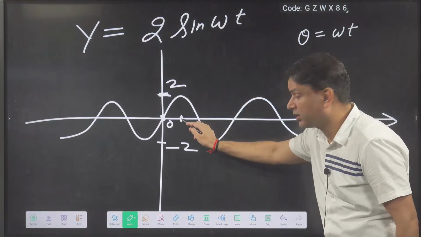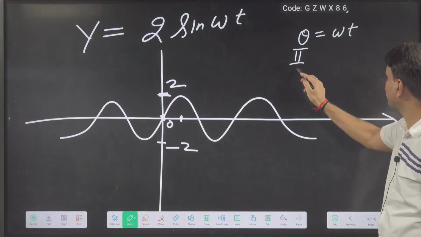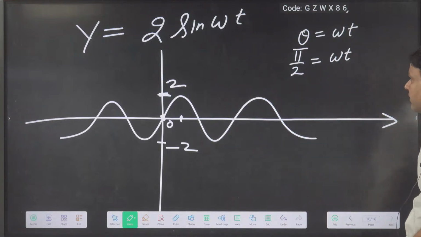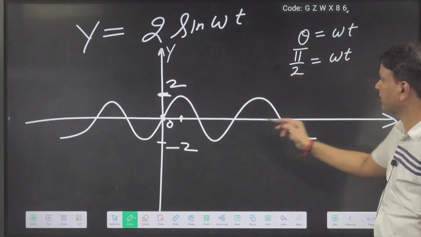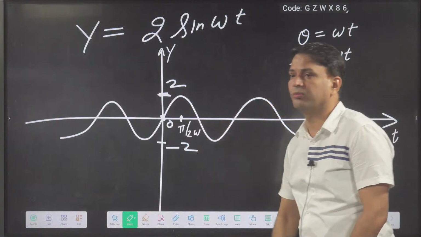Here theta was pi by 2. So if I put pi by 2, then pi by 2 is equal to omega t. Suppose here I am plotting t and here I am plotting y. So what is the t value I got? Pi by 2 omega.